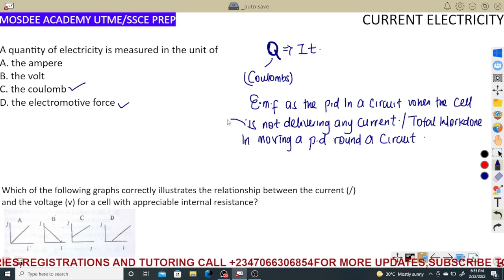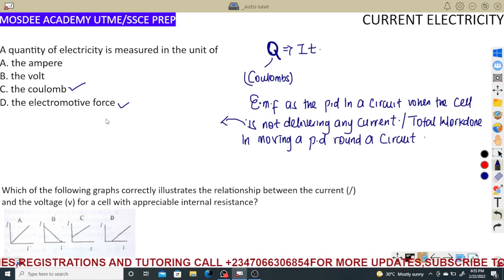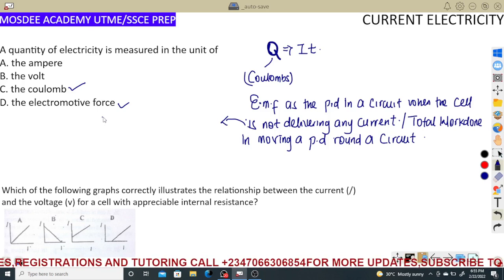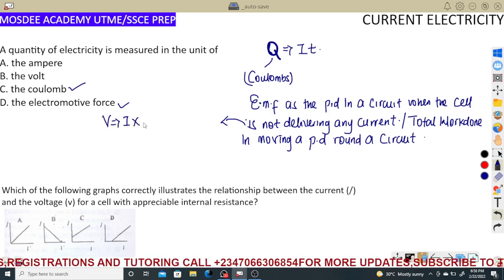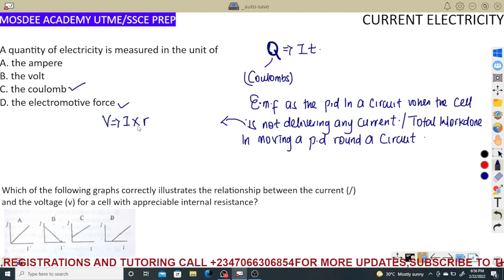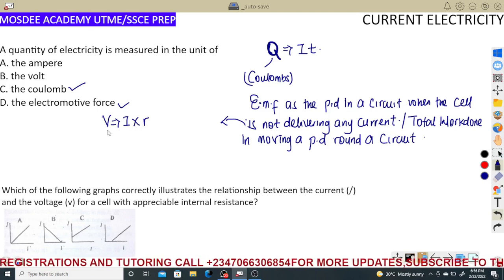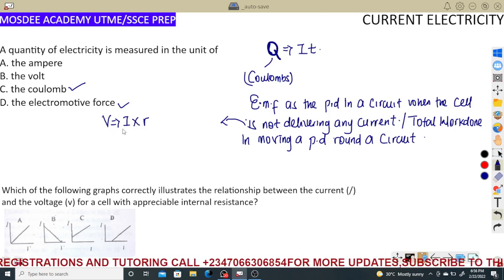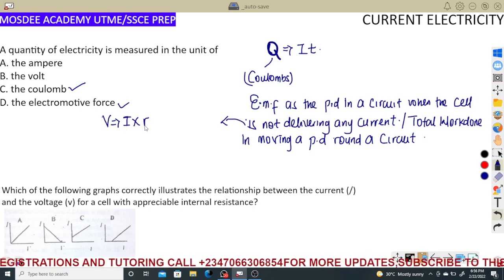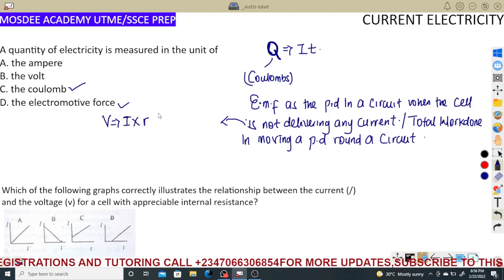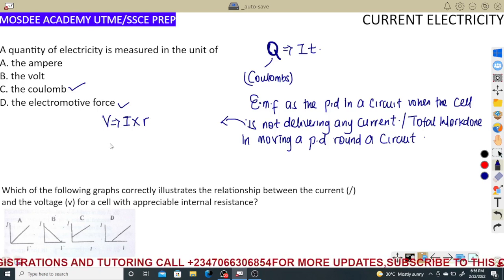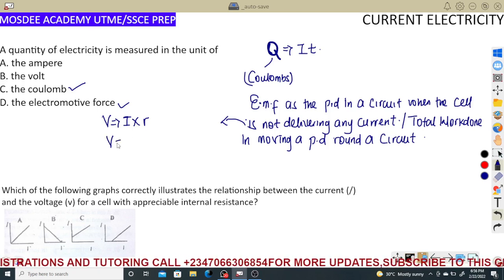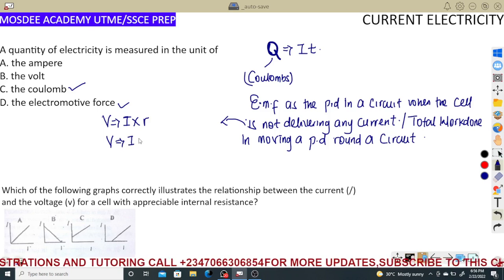In fact, we have talked about V, which is equal to current times internal resistance. When we talk about electrical cell, we say the PD that is flowing in our cell is current times internal resistance, the resistance offered by the electrolyte. So my point is, in a circuit, V is equal to current times what?